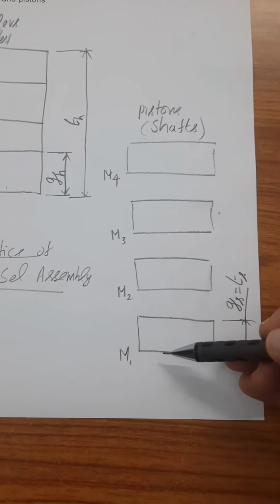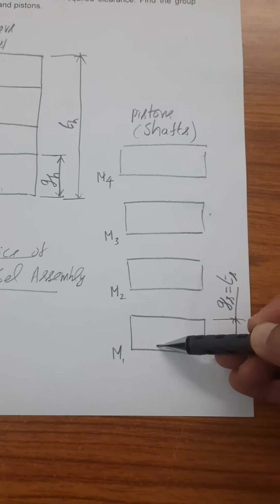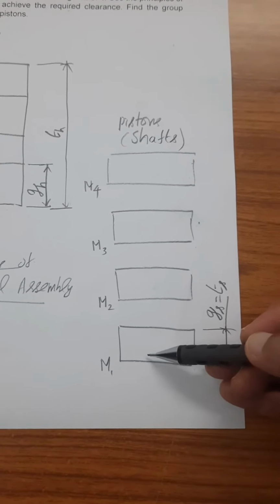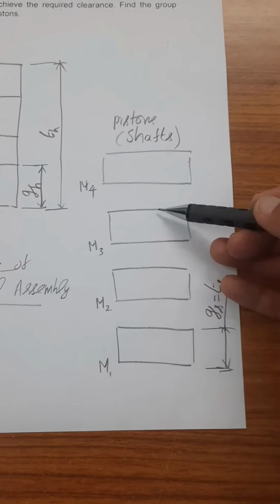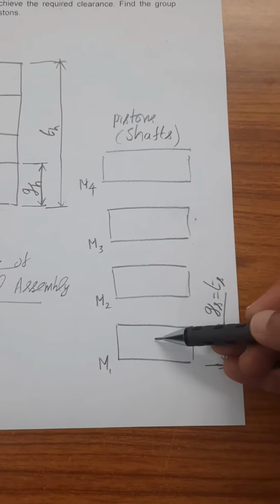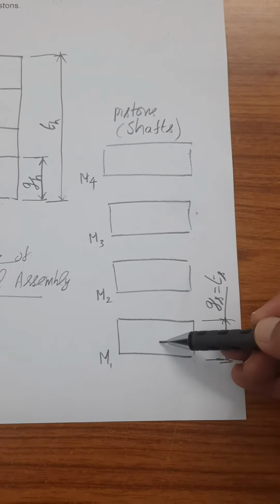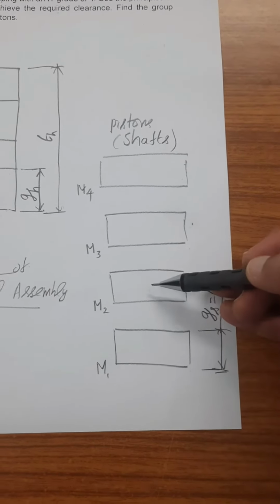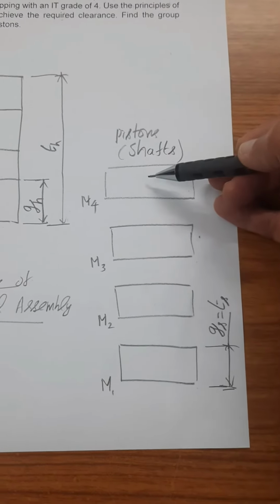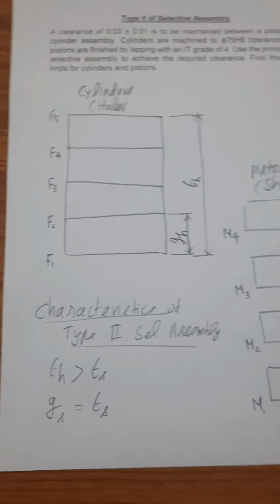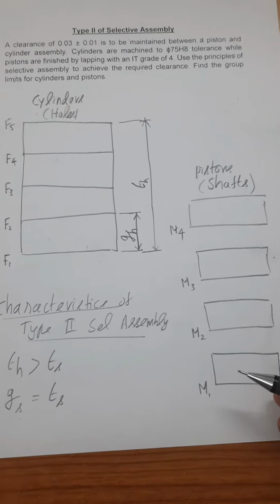So we cannot manufacture and group under type 2. We have to know the group limit for each group of pistons. According to the group limits only, we manufacture the set of pistons for group A, group B, group C and group D. So this is the main difference between type 1 and type 2 selective assembly.